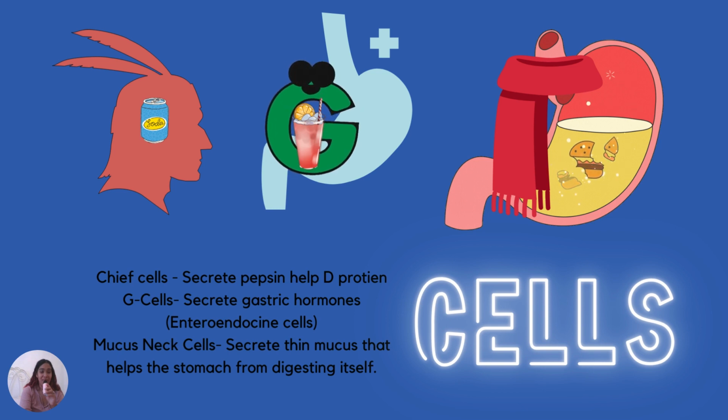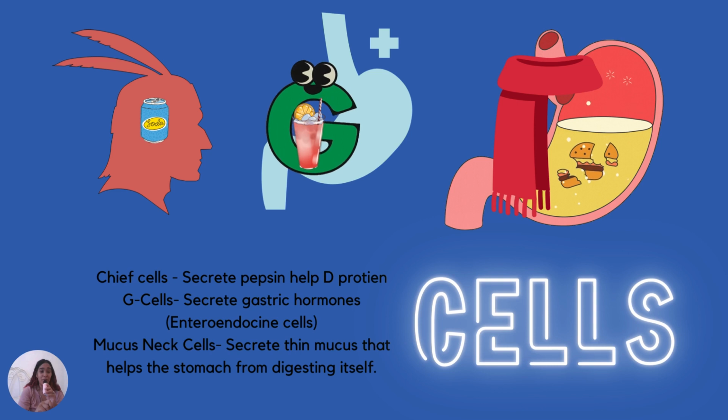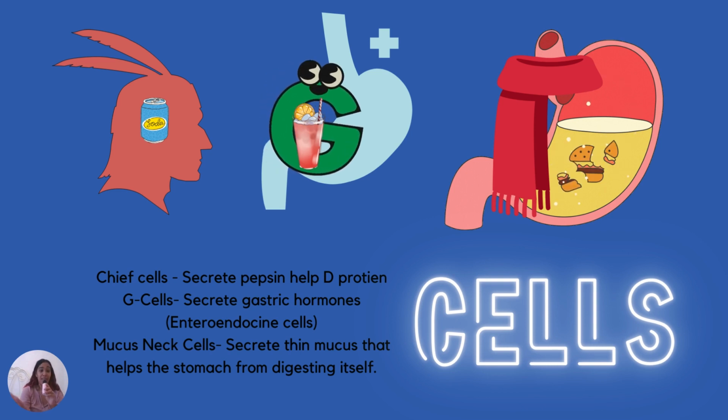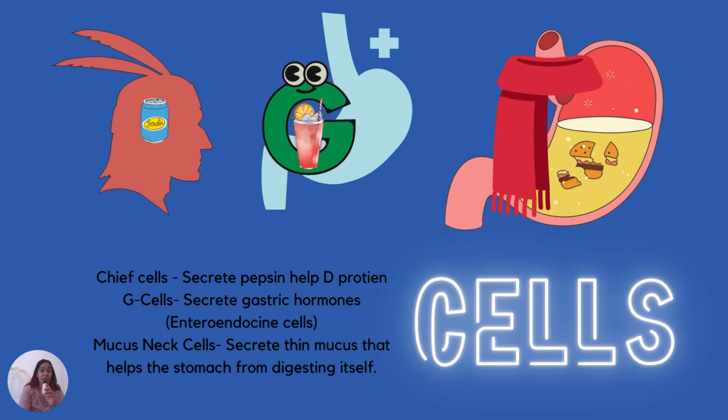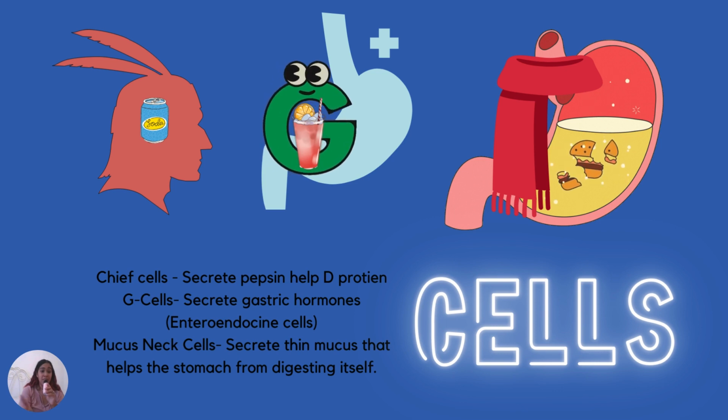In case you're writing it down, go ahead and look at the PowerPoint. Go ahead and hit pause if you need to. But those are also known as G cells. On your study guide, they're written with that big E word, and they secrete gastric hormones. Then you have the mucus neck cells here, and that secretes thin mucus that helps keep the stomach from digesting itself.